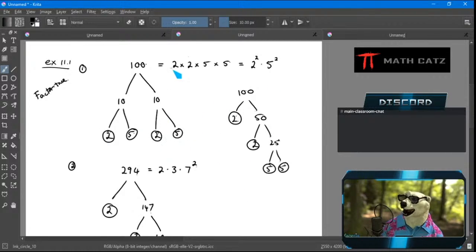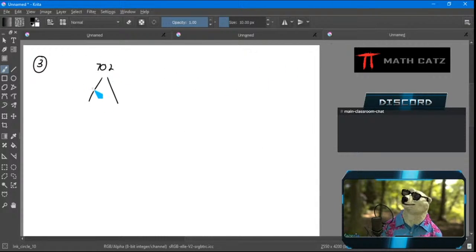It's going to result in the same prime factorization. Your tree might look different than someone else's, but the answer is not. And if you shuffle the 2's and the 5's, it doesn't change the answer. So I'm not too concerned with which split I want to use, as long as it's correct.